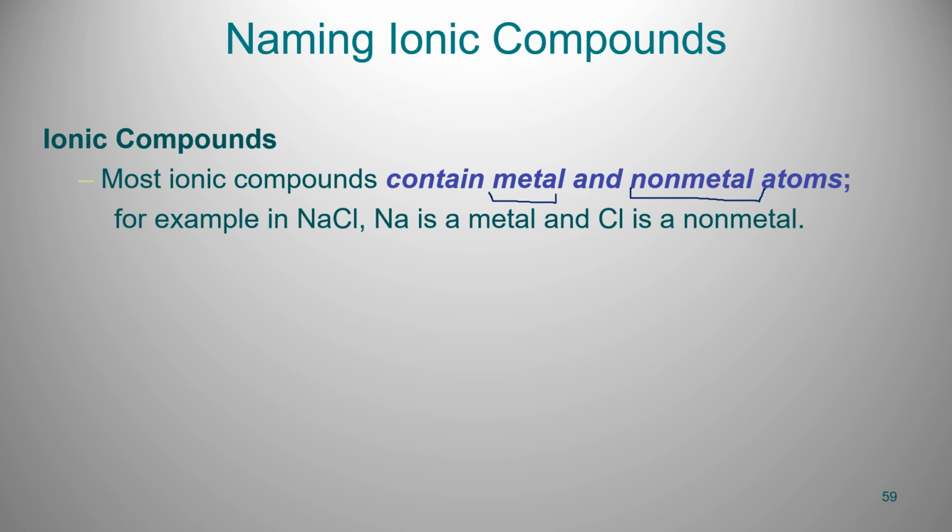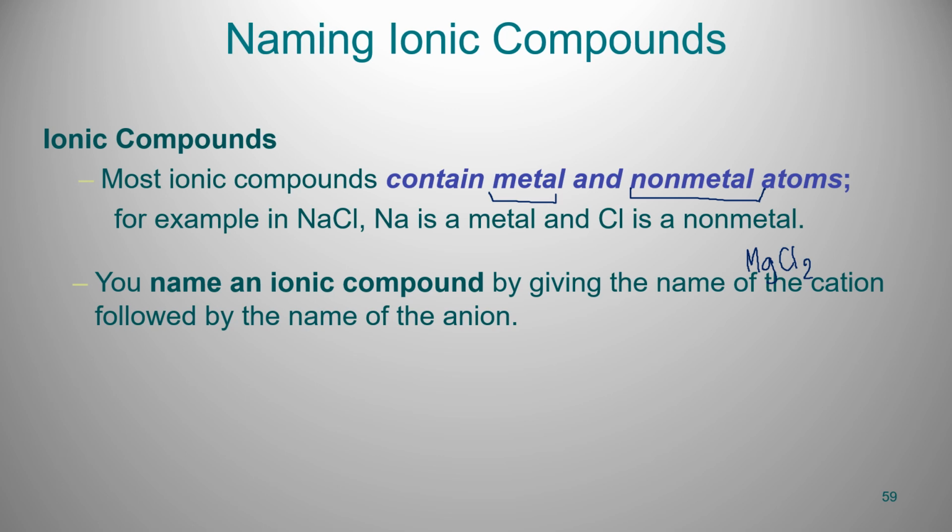Sodium is a metal, chlorine is a non-metal. If you combine them, it's ionic. Magnesium is a metal, chlorine is a non-metal, so magnesium chloride would be ionic. So if you have a binary system, metal and non-metal means ionic.